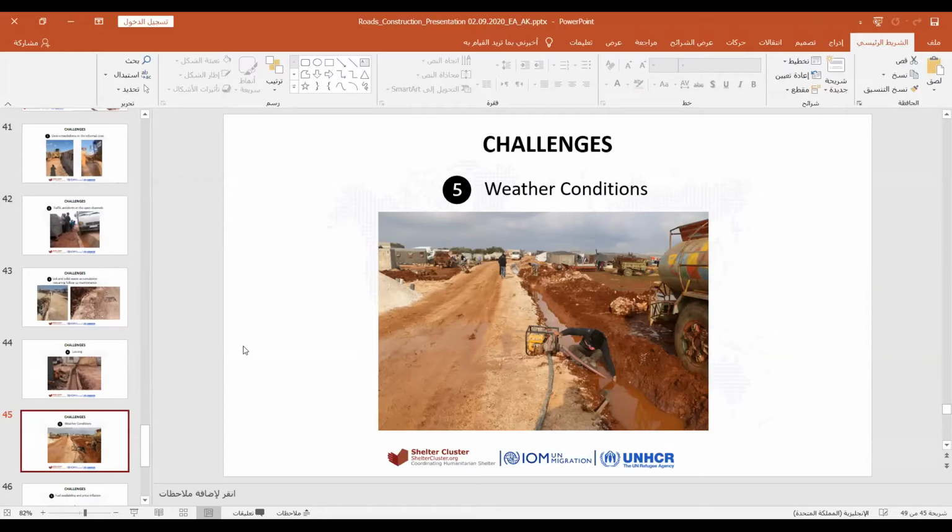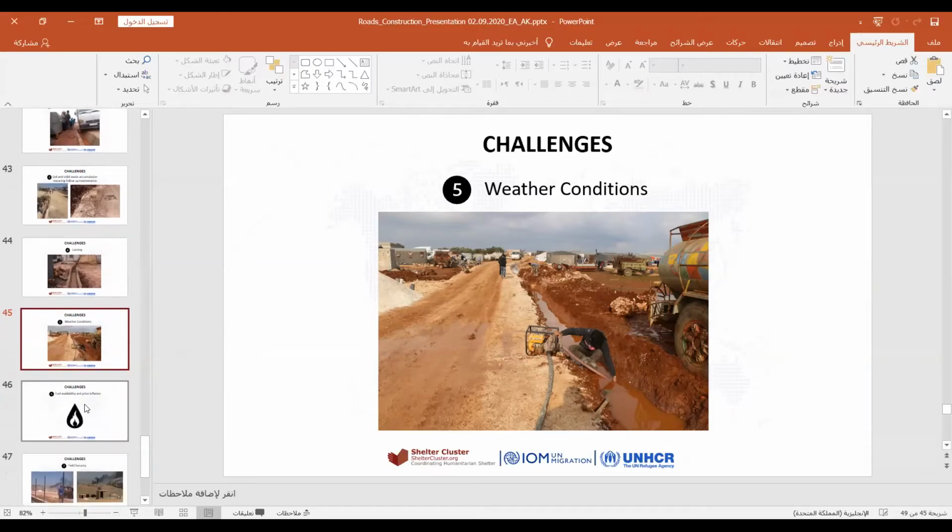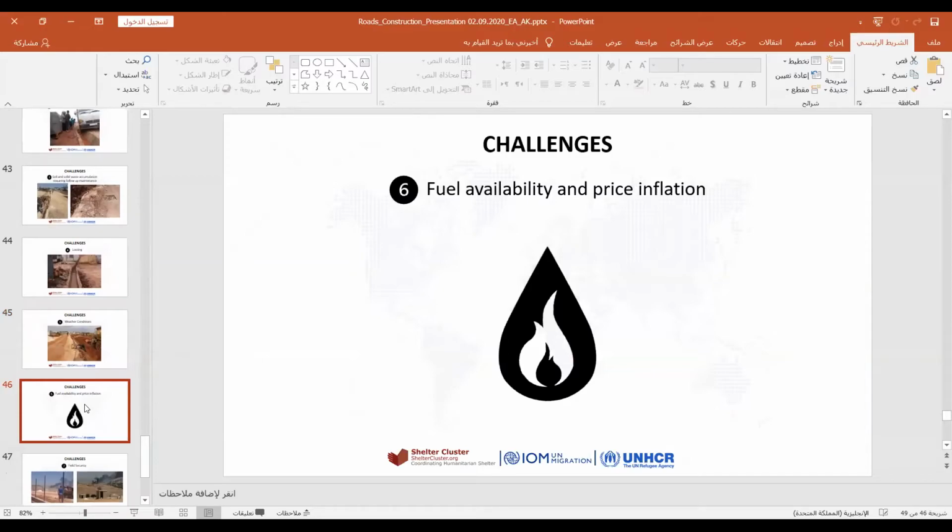Above those blocks, we can put aggregate. And we did implement that, and it was a successful experience. If you don't have blocks, you can use broken rods in order to deal with the weather conditions.